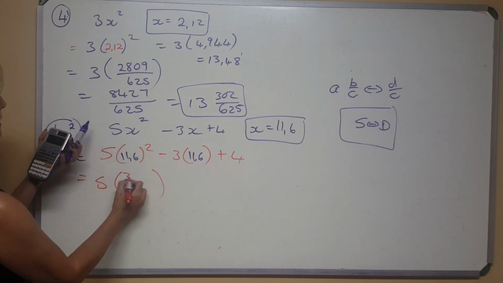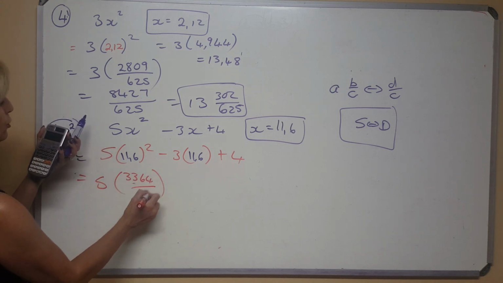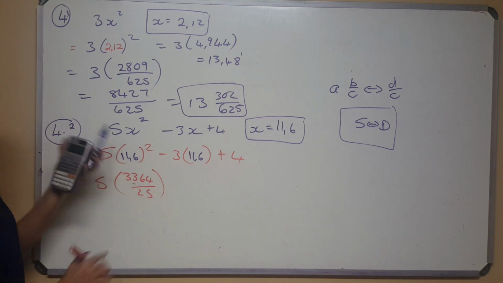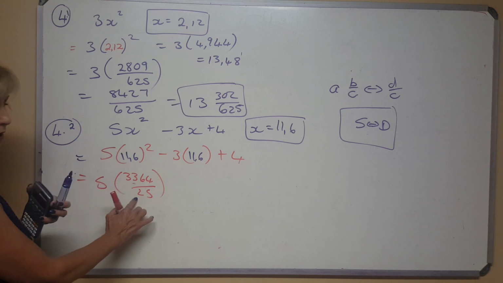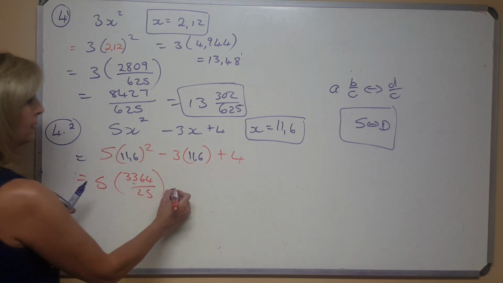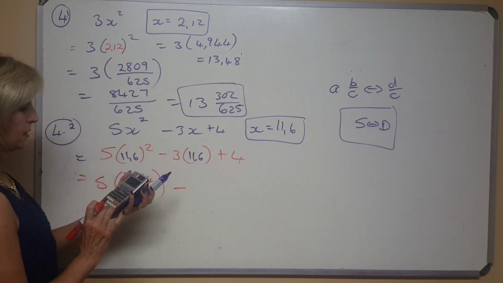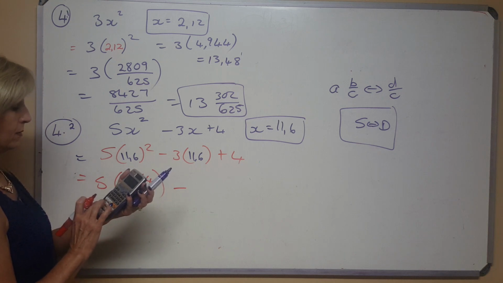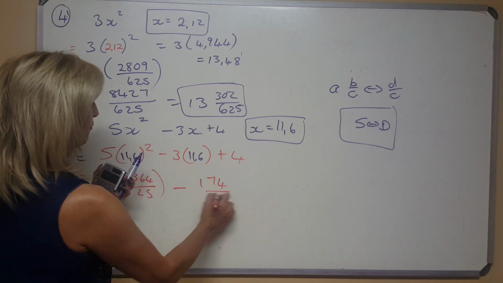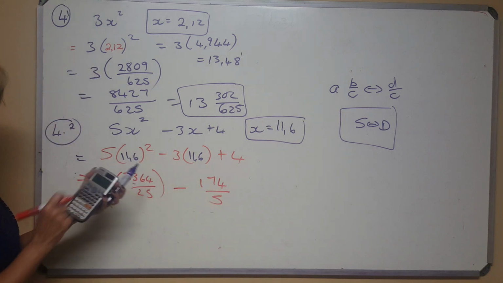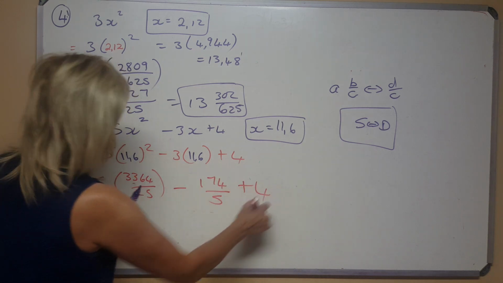Hy gee weer vir my 3, 3, 6, 4 op 25, en as jy wil, you could have said 134,56. I'm going to write them both. Minus, daai gaan ek ook maal, dan sê dit vir my, dit is, maal met 11,6, gee vir my 174 op 5. Minus 3 times 11,6, and then the plus 4 stays there.